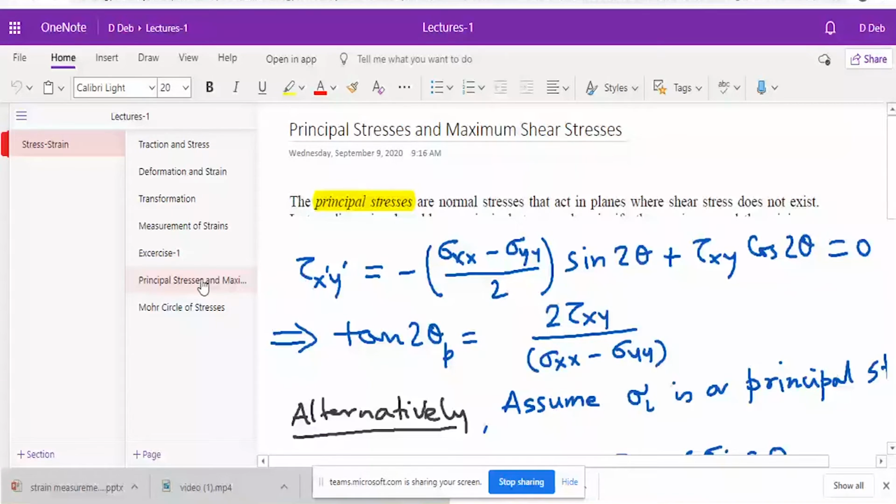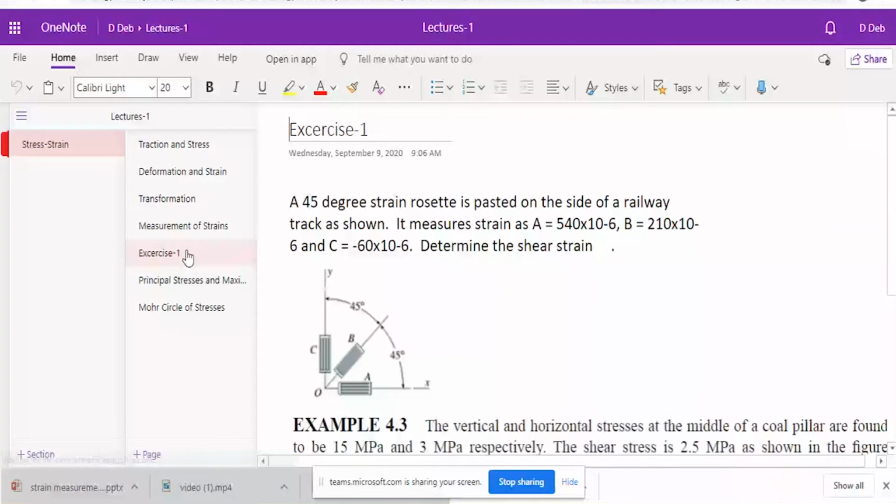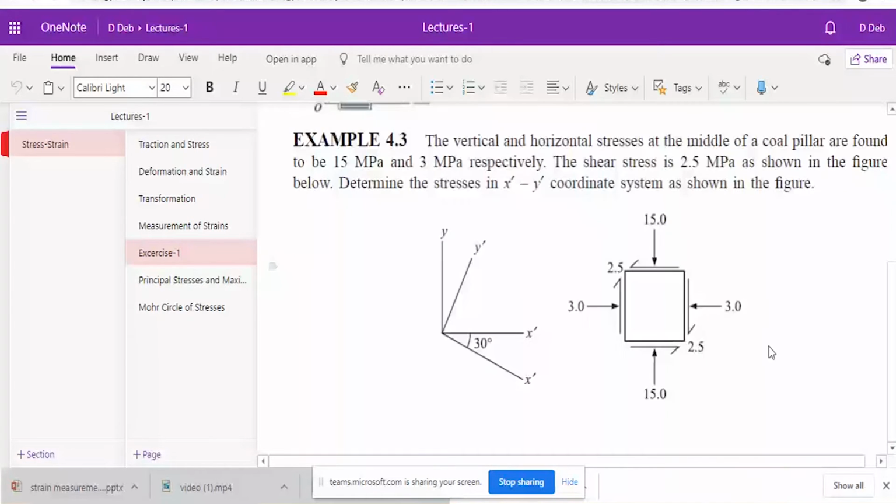Okay, so now I show you the exercise you have done. See this, I told you positive, right? 2.5. You have used 2.5 as a positive value.